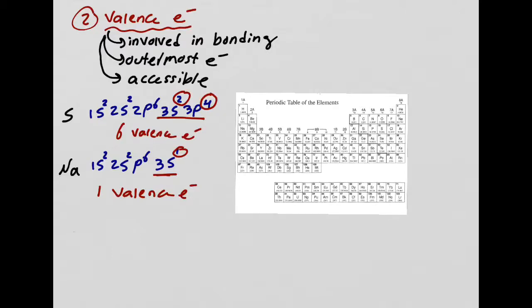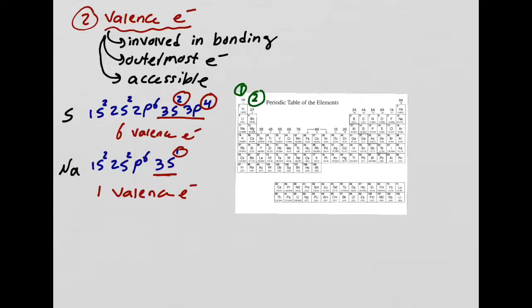Now, you can write down the electron configuration and figure out the valence electrons every time. Or the shortcut is you can figure it out based on the periodic table. Group 1A has 1 valence electron. Group 2A has 2 valence electrons.